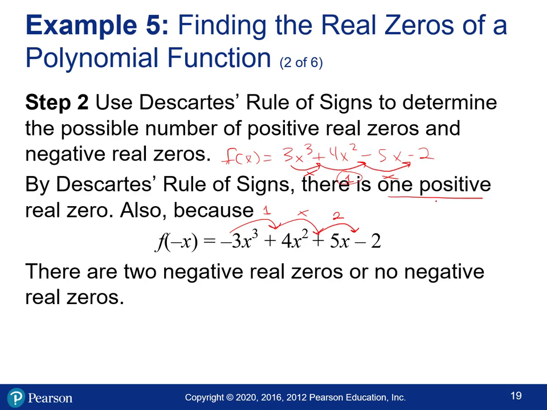So we have 2 sign changes here, so there's 2 or subtract 2, 0 negative real zeros. Okay, so that's going to help us narrow down our results. So one positive real zero and 2 negative or possibly no negative real zeros.